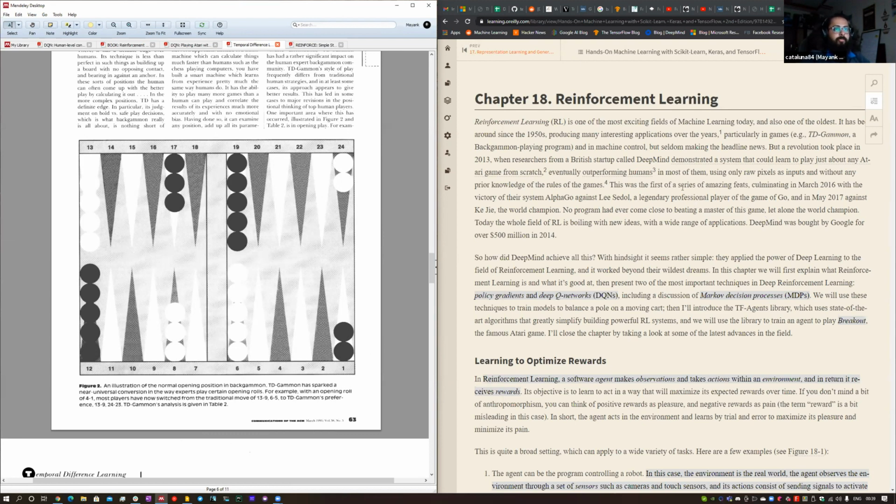Then moving forward, in 2013, DeepMind demonstrated that a system could learn to play just about any Atari game from scratch, even outperforming humans. Here they solved a handful of games, most of them using the raw input pixels and without any prior rules of the game.